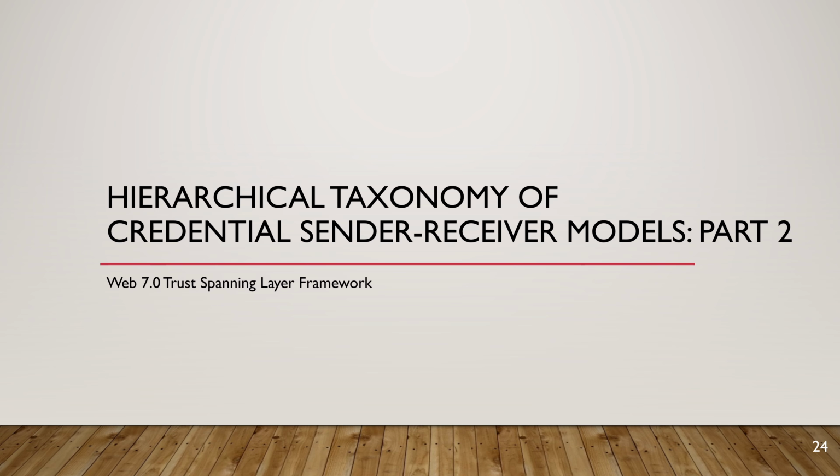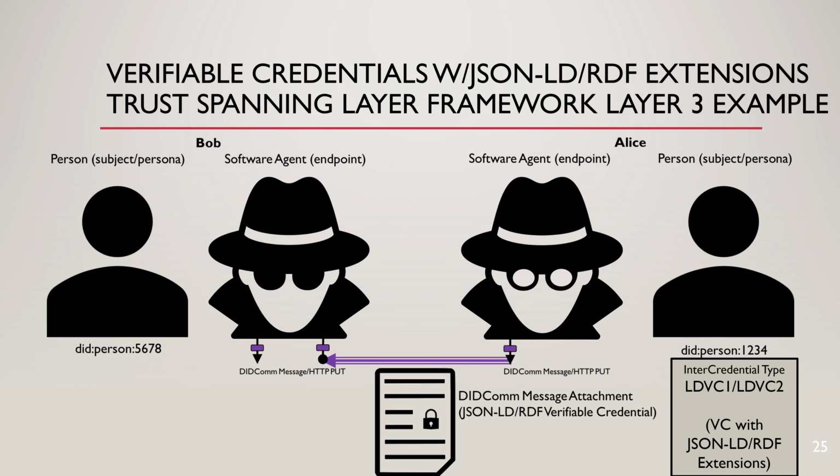So let's continue. So here's 2 more examples. This is looking at verifiable credentials that have JSON-LD RDF extensions, and how does it fit into the hierarchical taxonomy, and also how does it fit into the trust spanning layer framework.